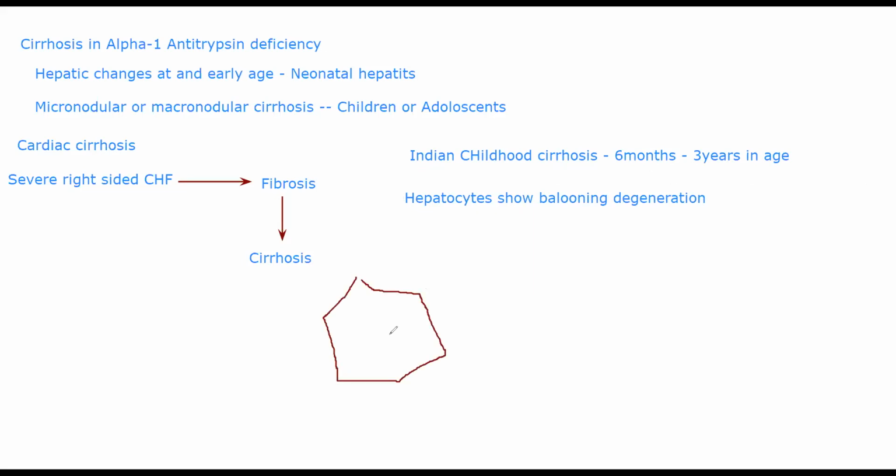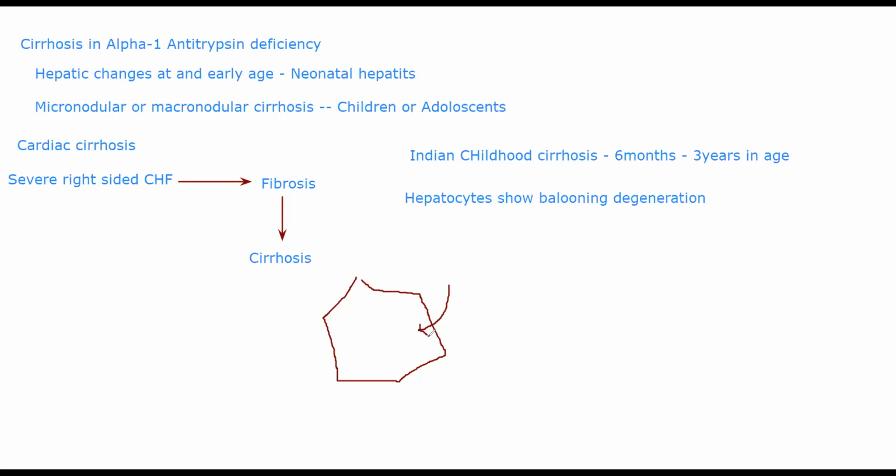At one point of time in cirrhosis or hepatitis, sometimes it will occur in hepatitis as well, because of inflammatory damage, a lot of eosinophils and a lot of inflammatory cells will start accumulating inside your hepatocytes.